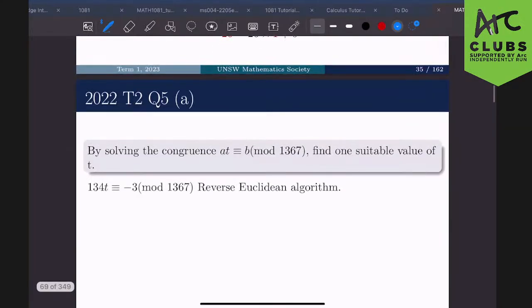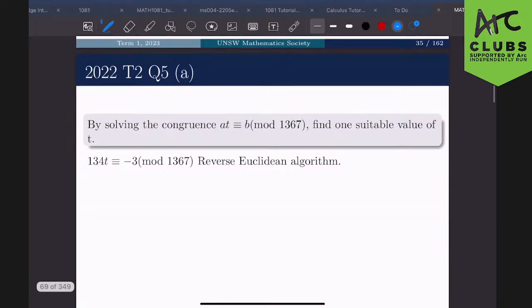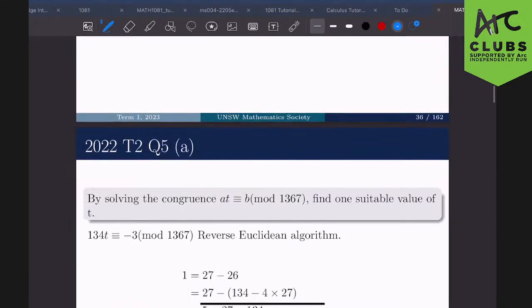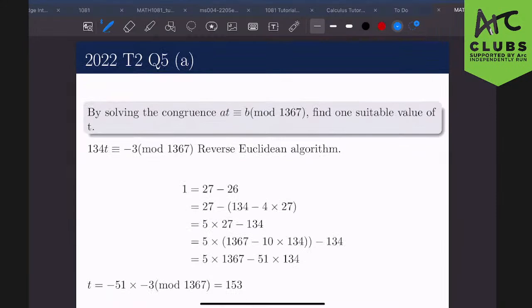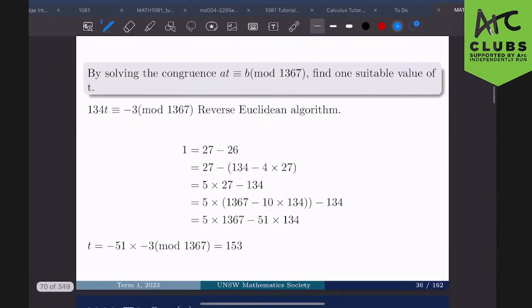And then once again, we're just applying the reverse Euclidean algorithm, and eventually we get to a solution for t. So it's all the same ideas as before, right?